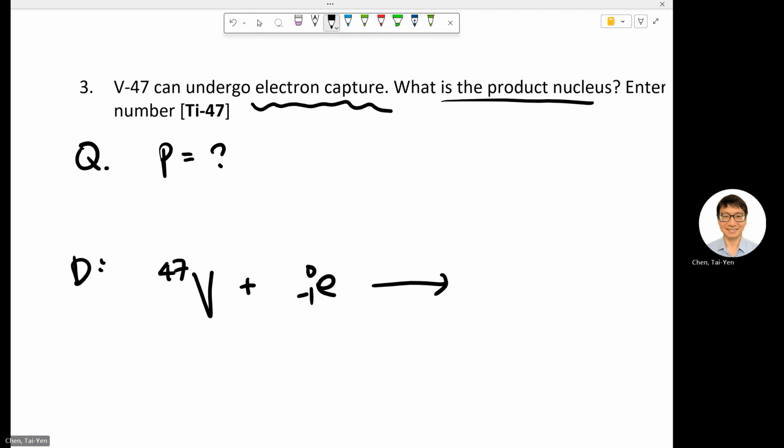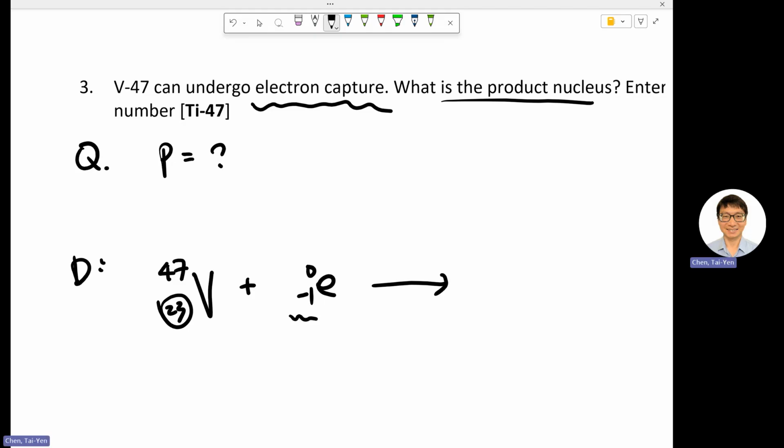Okay. So that's the thing you need to translate from the description. Okay. So now you want to figure out what the product is, right? In order to write out your product, you must know the proton number, right? So your first step is to know the proton number of your vanadium, right? So what's the proton number of V? 23, right? Okay.